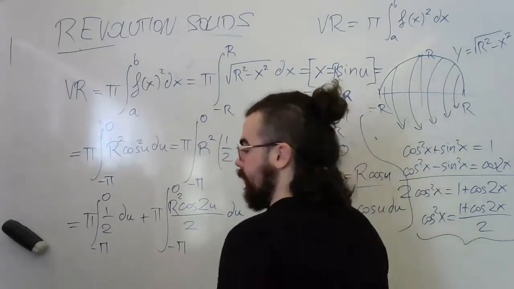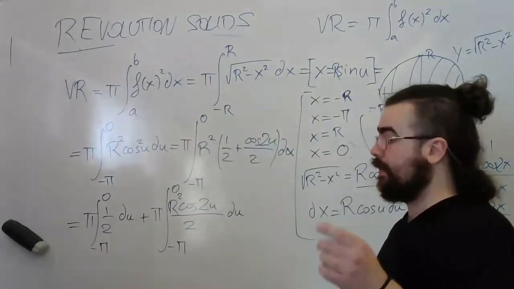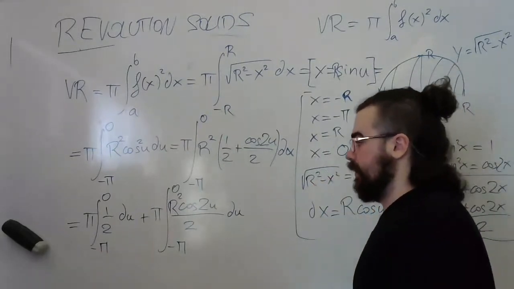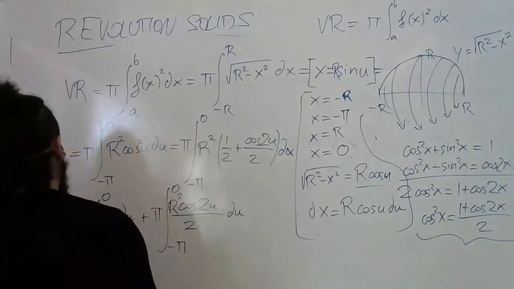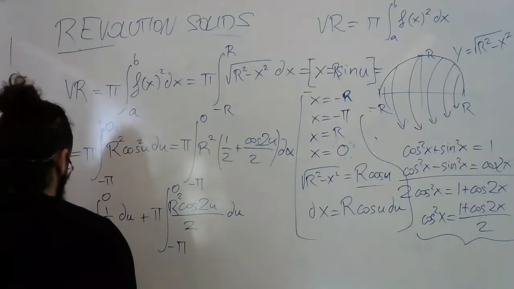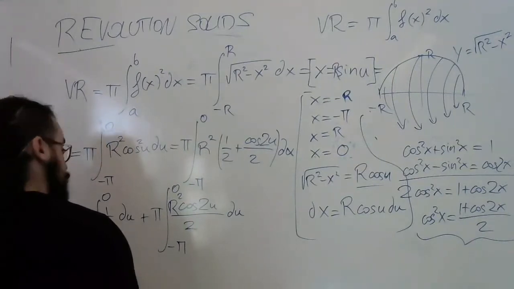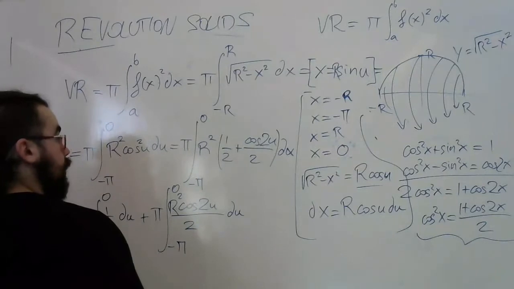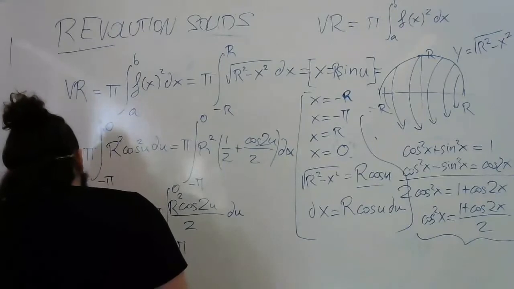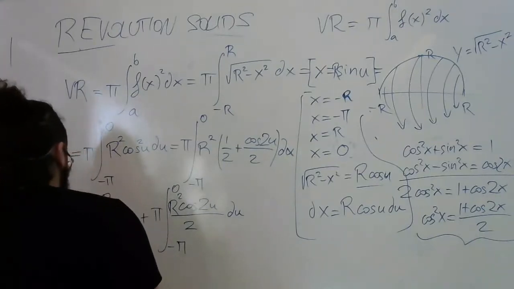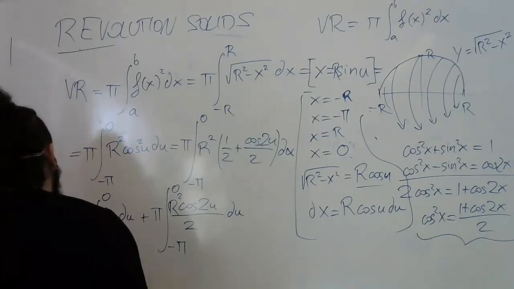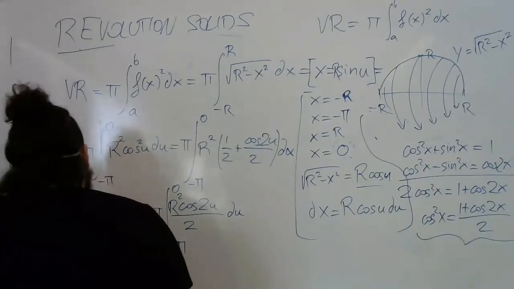Now, you may be tempted to solve this integral immediately, but we have to return the substitution. And so this is equal to pi integral from minus r to r. This is pi r squared u divided by 2 between minus pi over 2 and pi over 2.